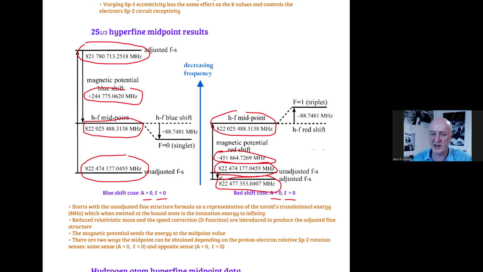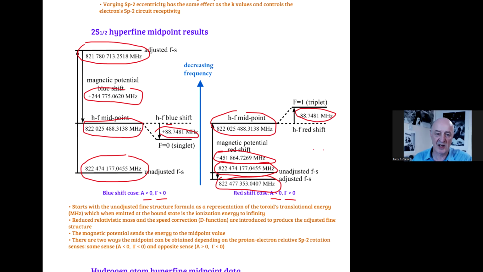So we've got two ways to get the hyperfine midpoint. And when you come to the third term of the calculation, which is the half shift, you'll notice there's a blue shift here and a red shift here, and they've got the same magnitude each side of this midpoint.